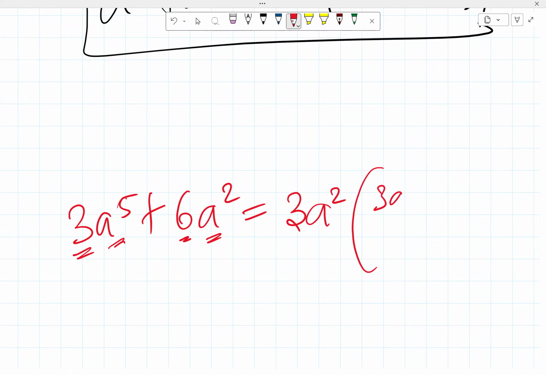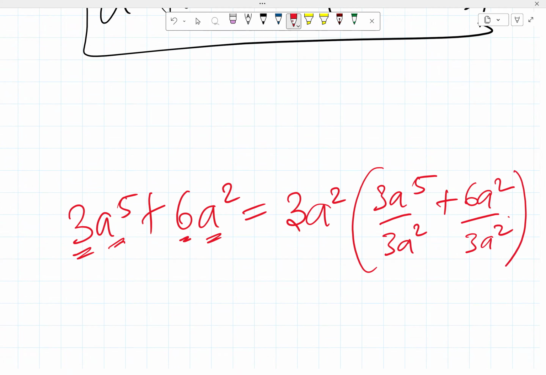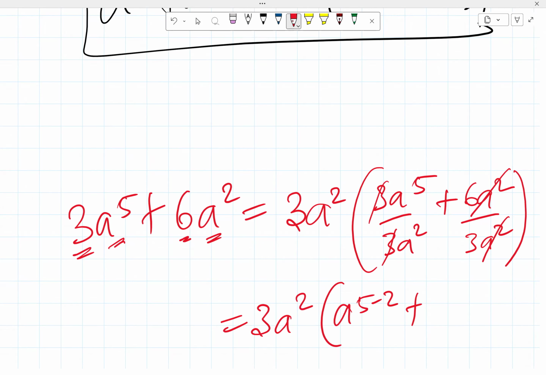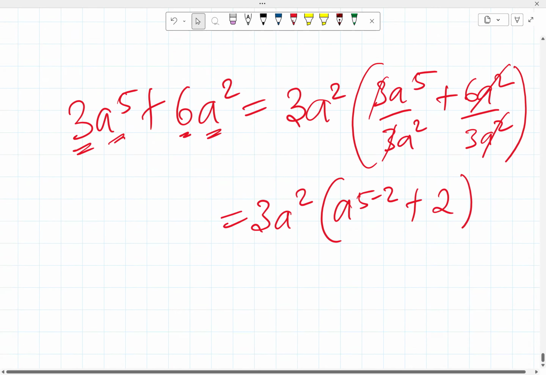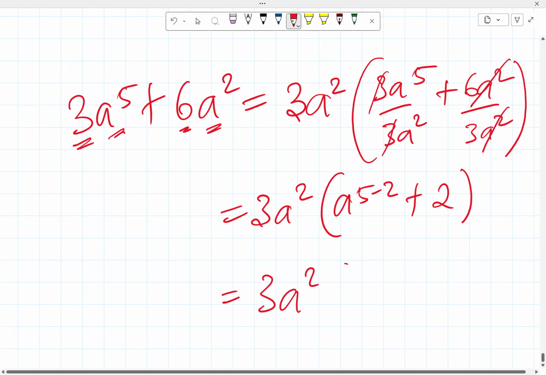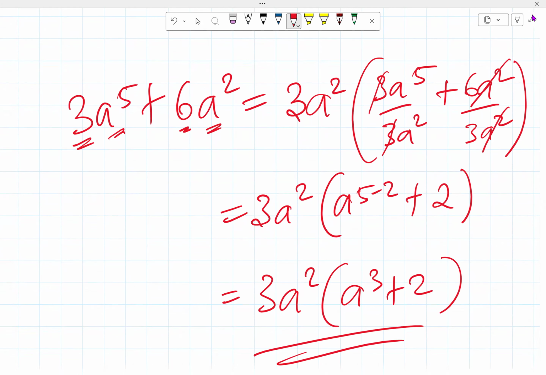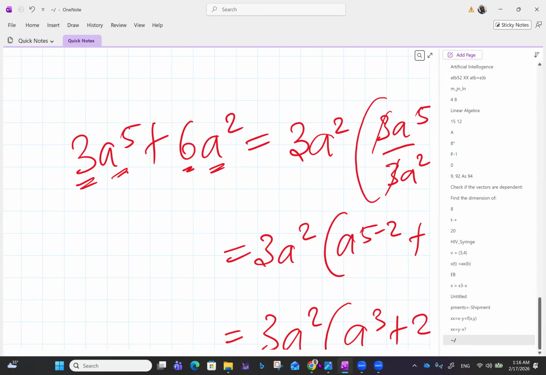So this and this will go. You have 3a raised power 2 into, 3 cancels 3, and then you have a raised power 5 minus 2 plus 6 divided by 3, that's 2. That means you have 3a raised power 2 into a raised power 3 plus 2. And that's what we have on that page right there.